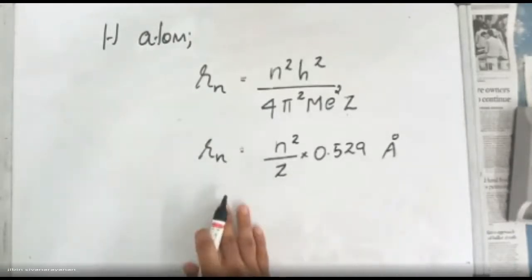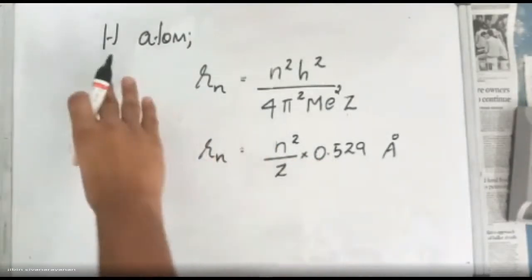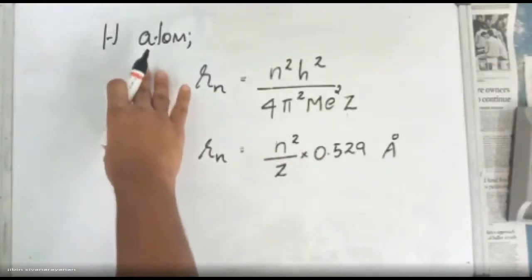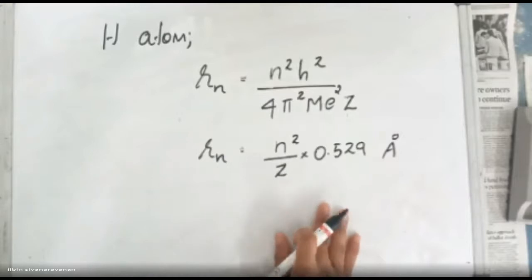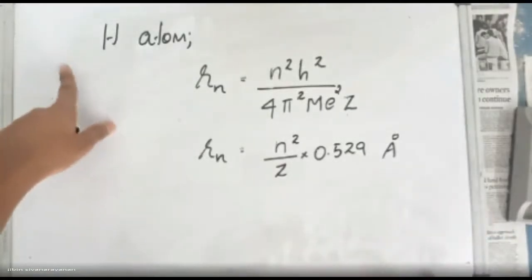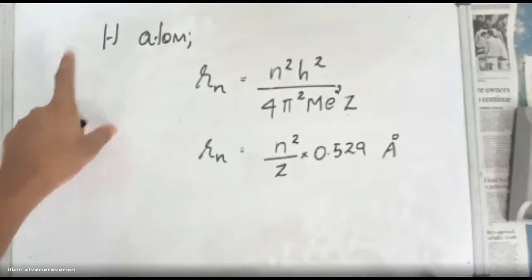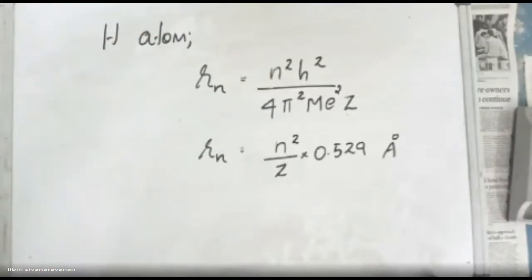Actually, this derivation came from the hydrogen atom, so we can apply this formula only to hydrogen-like atoms. What do you mean by hydrogen-like? There is only one electron in hydrogen, so only one kind of interaction is there.